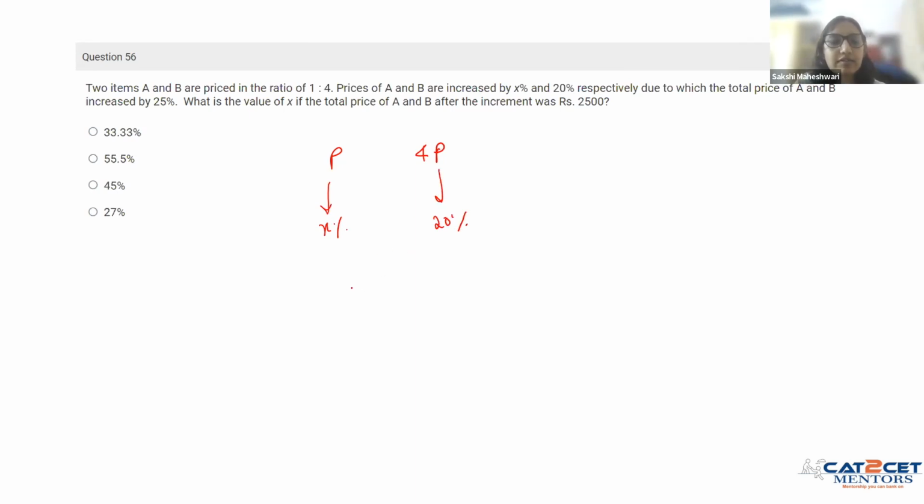And total price increased by 25%. So 5P into 25%, that means 5 by 4, so this becomes 25P by 4. And this will become 4P into 6 by 5, so 24P by 5.